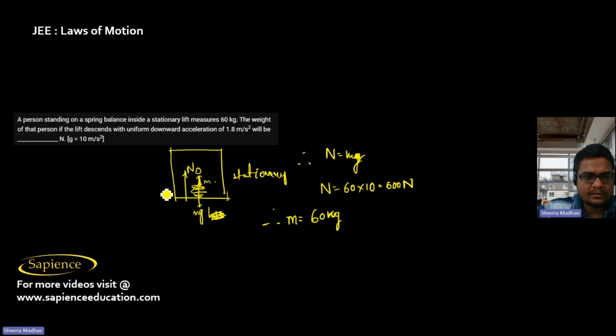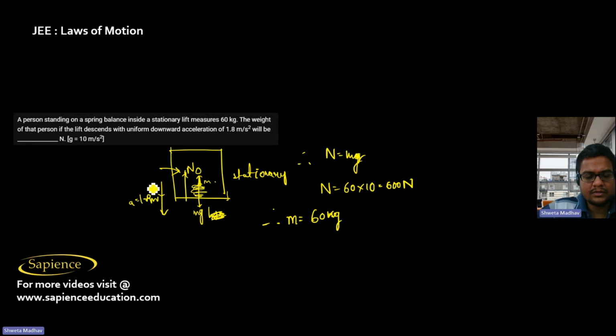So now if the lift descends with a uniform downward acceleration of 1.8 meter per second square, then what will be the weight of that person? It means how much will be the apparent weight, meaning the normal reaction which is exerted by the floor of the lift.